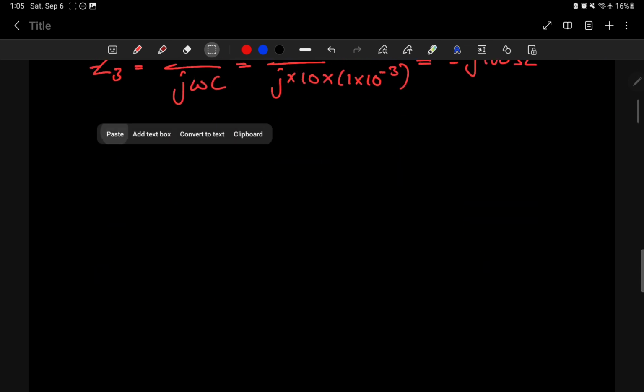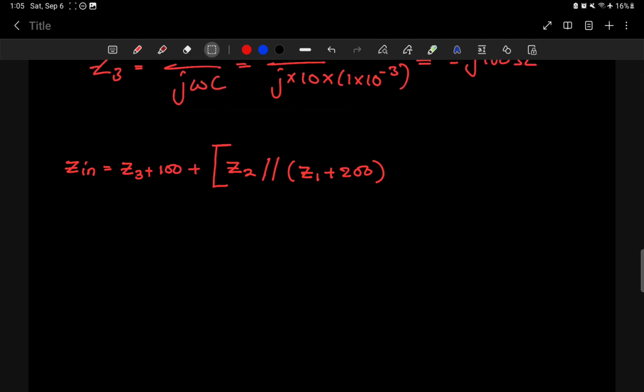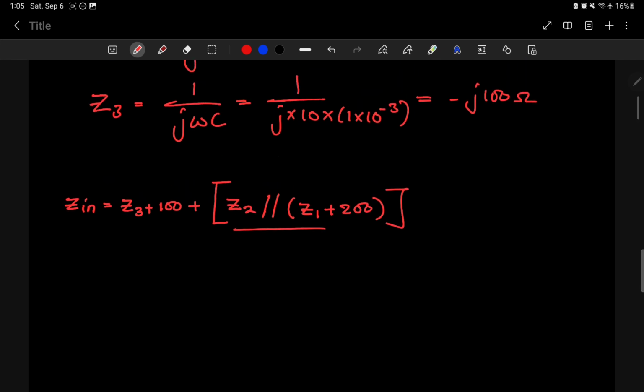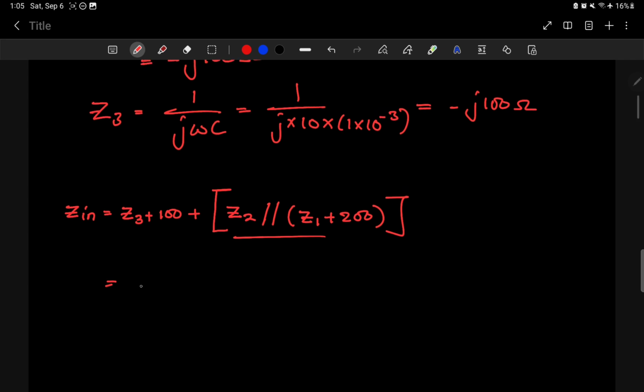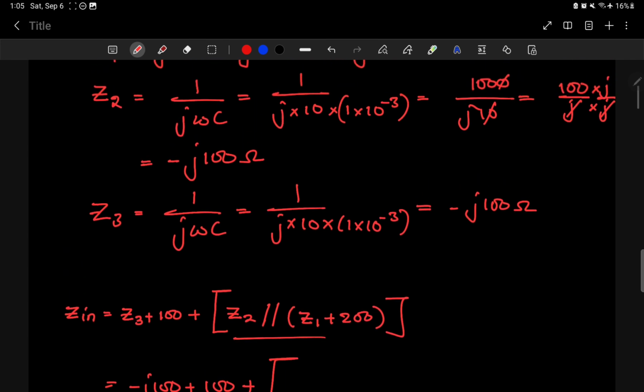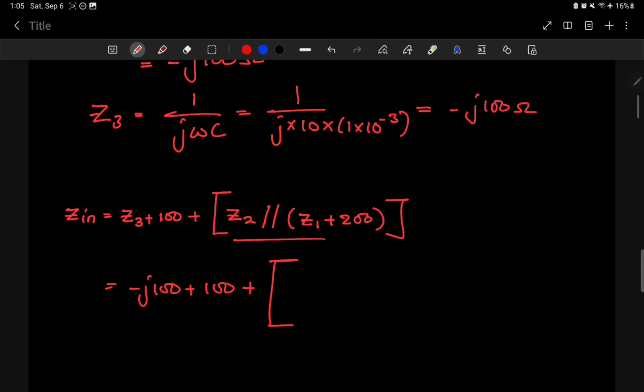So now we just have to find a way of combining these so that we can get the overall answer. Let's start by working out that part. These 2 are in parallel. So Z3 first is just minus j100 plus 100 here, plus these two in parallel, so we'll have Z2, which is minus j100.